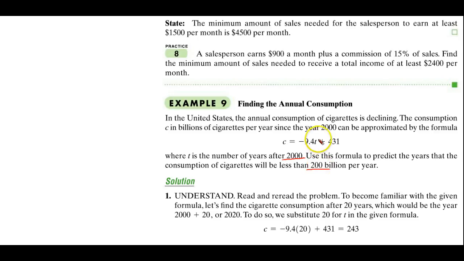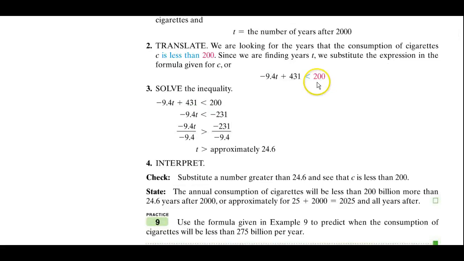So we want to find out what t is. So we're going to put the consumption of 200 billion where the C is, and you'll see that here. So the 200 is replacing the C. They put it in a little different order, and they're solving for t. Now notice you had to divide by a negative here. So they had to reverse the direction of that inequality, and they're getting 24.6.